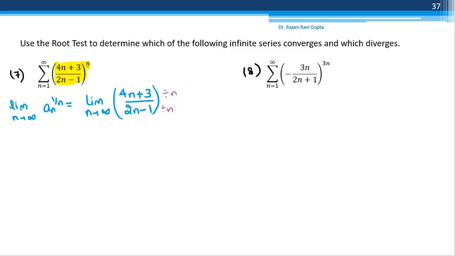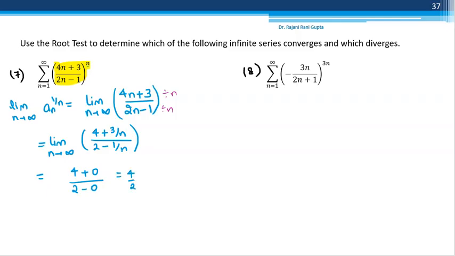This leaves you with the limit as n goes to infinity of 4 plus 3 over n over 2 minus 1 over n. As n approaches infinity, you will have 4 plus 0, because 3 over infinity is 0, over 2 minus 0. That gives you 4 over 2, that is 2, correct? Which is greater than 1. So this implies this series diverges.